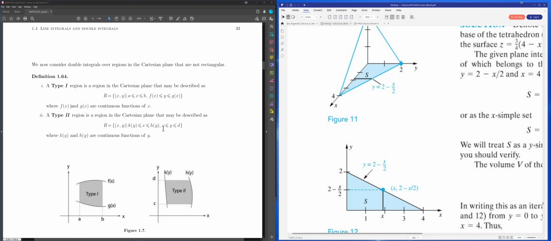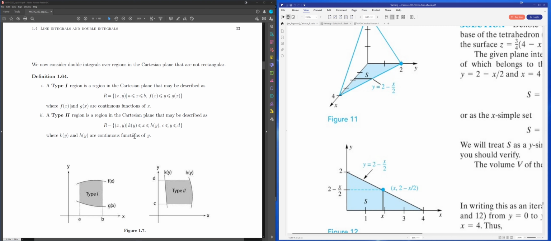So c would be 0, and d would be 2. This k of y over here corresponds to x equals 0, so this function is 0. And finally, this top function, x equals h of y, is what you get by expressing x in terms of y, which is x equals 4 minus 2y.